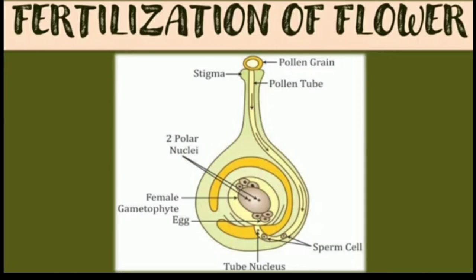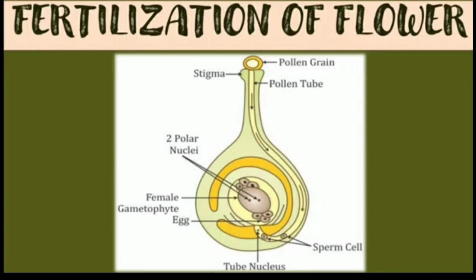So this process is called pollination. The pollen grains which are present in the anthers, after maturity, burst open, are released and fall on the stigma. So what happens here?